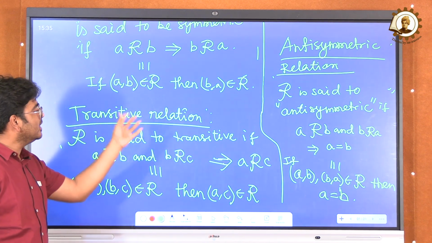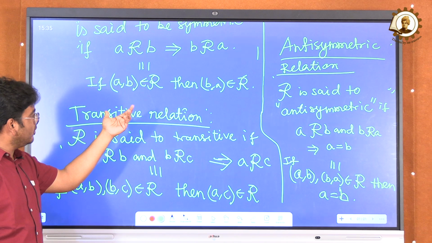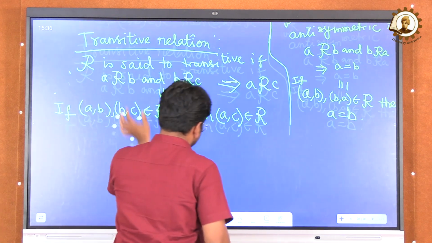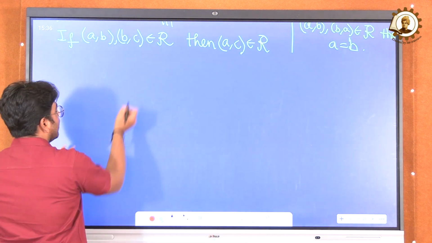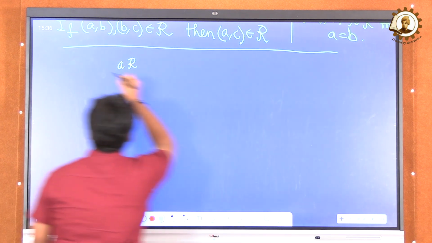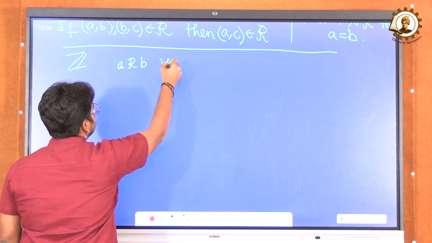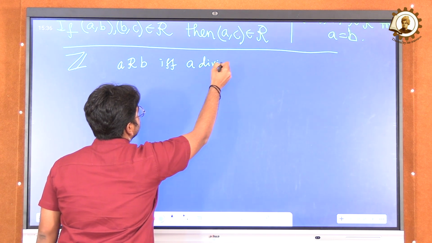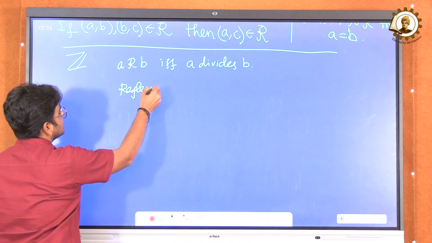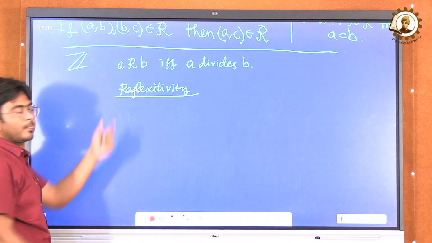I will now go back to the example I gave earlier and verify whether these conditions are satisfied. Our relation was A related to B if and only if A divides B, on the set Z of all integers. First, reflexivity.